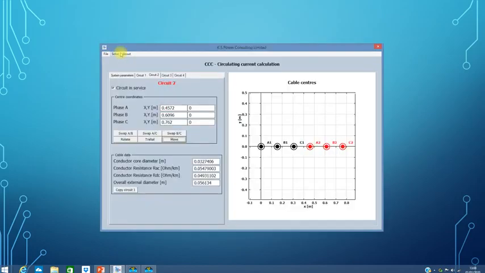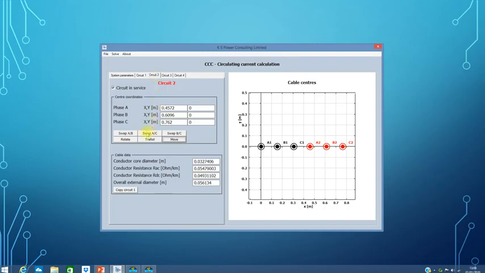Now, at the moment, we have an unsymmetrical arrangement. So we have A, B, C of circuit 1 followed by A, B, C of circuit 2. Let's make this a symmetrical arrangement by swapping the positions of conductors A and C in circuit 2.